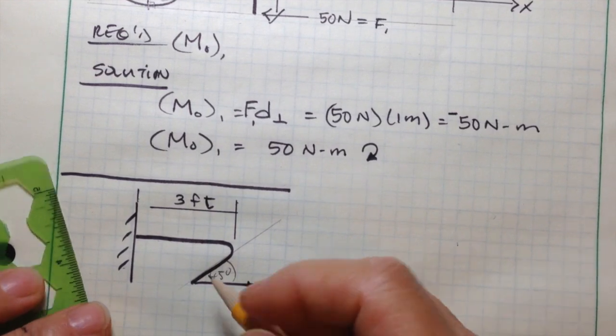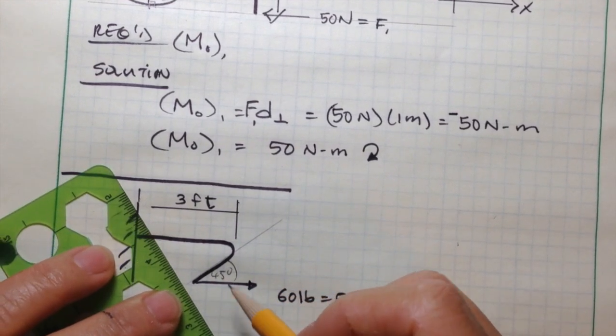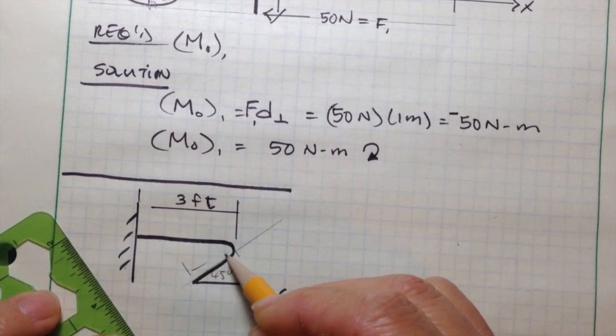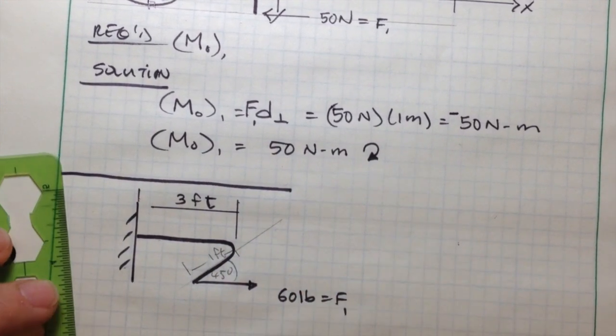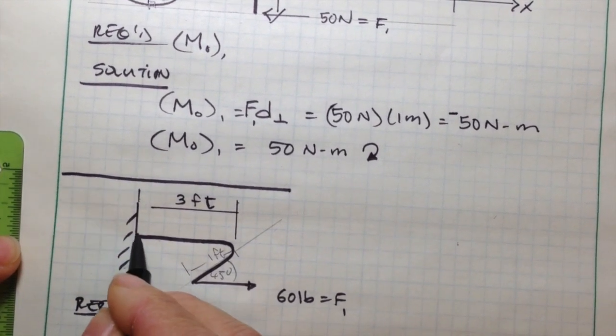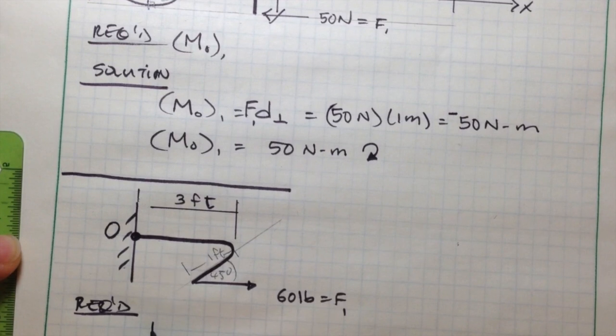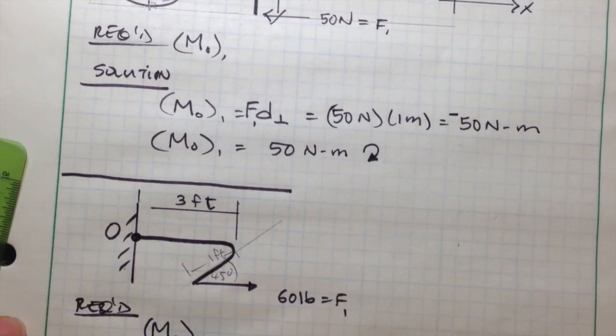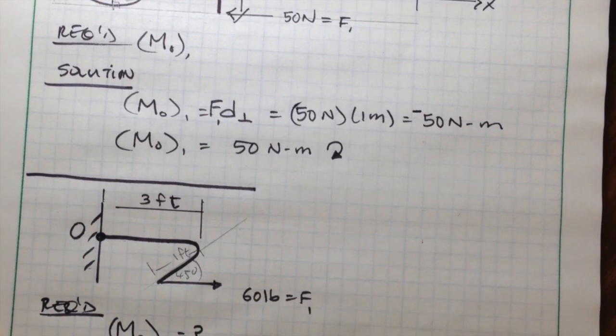And they also let us know that this distance right here is 1 foot. And what's required is they'd like to know what the moment is about point O due to this force F1.